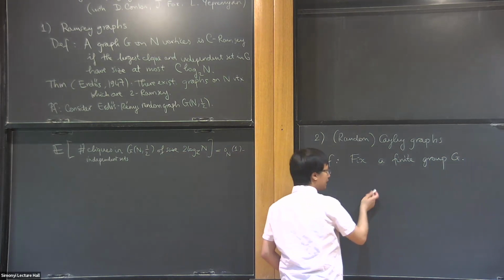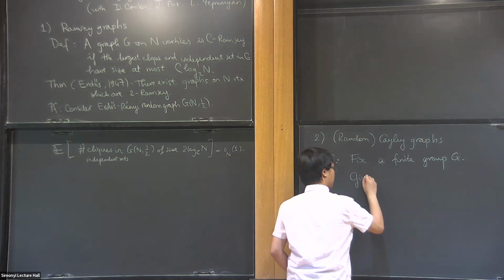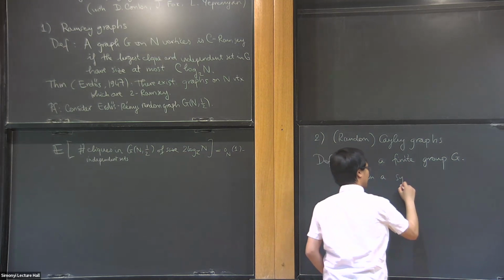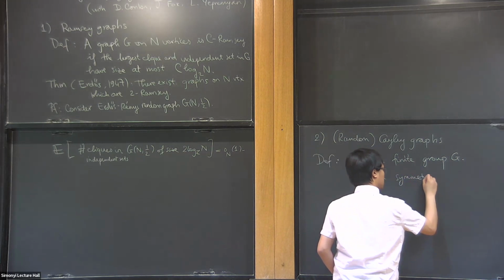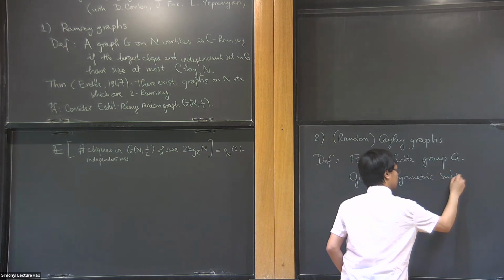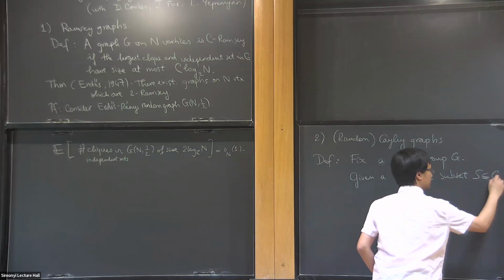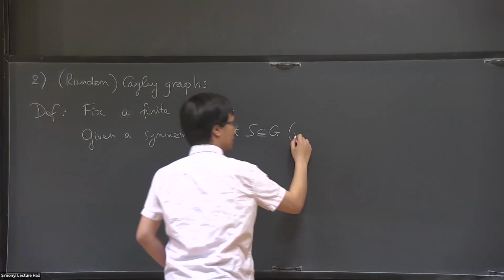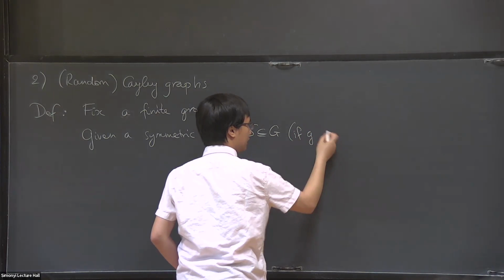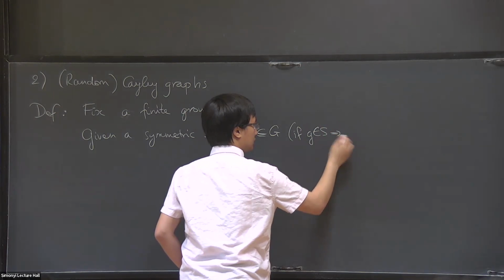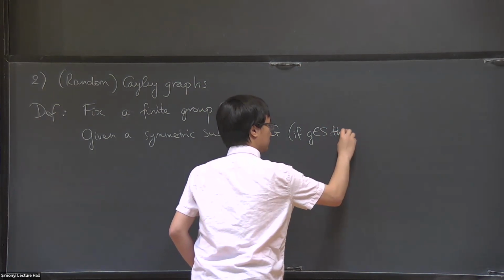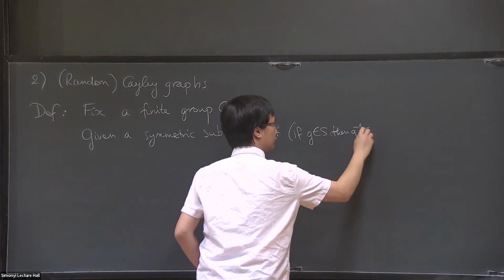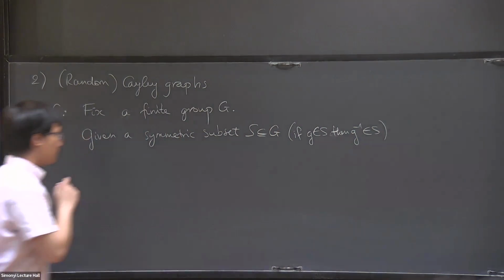Now I'll define a Cayley graph given a symmetric subset S in G, and what I mean by symmetric is simply the condition that if an element little g is in S, then the inverse also has to lie in S.